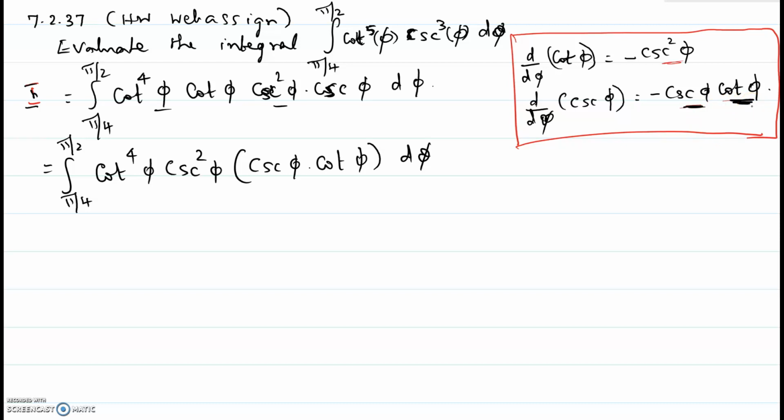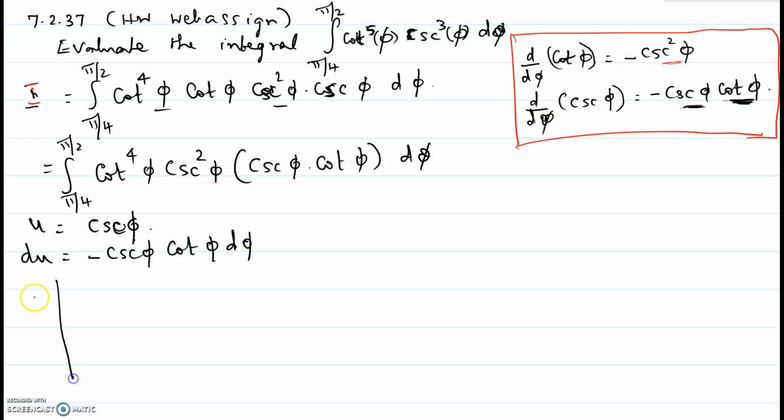Now we are going to substitute u equal to cosecant phi. So du would be negative cosecant phi cotangent phi d phi. Also, whenever you make a substitution and it's a definite integral, you're going to change the limits to u.